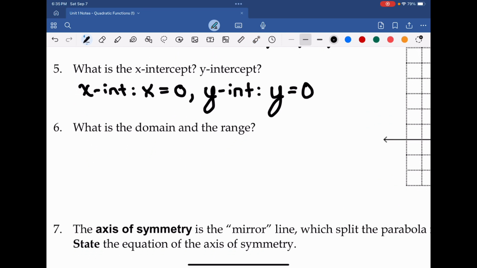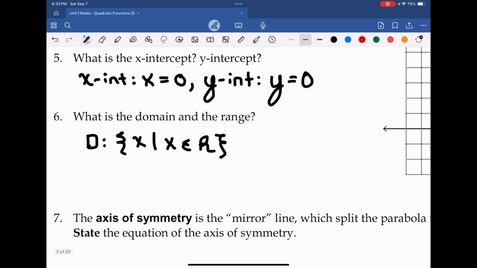So when we write our domain, the domain being all of the possible x values on the graph, we write D colon, make a curly bracket and say x such that x is an element of the real numbers.